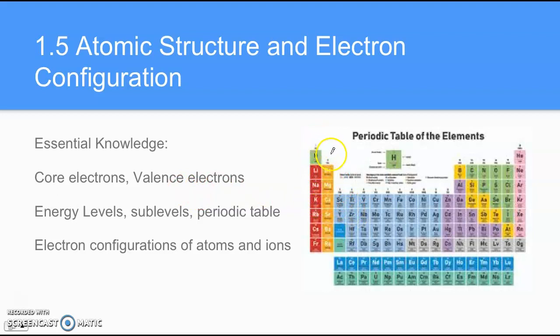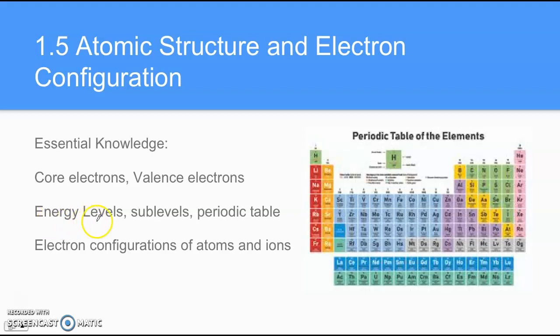The first column will have 1, the second column will have 2, and then over here we go 3, 4, 5, 6, 7, and 8, except for helium, which only has 2. The transition metals and the inner transition metals down here do some different things with their valence electrons, so we don't really have a set rule on that.